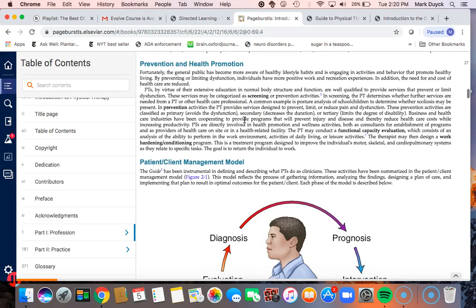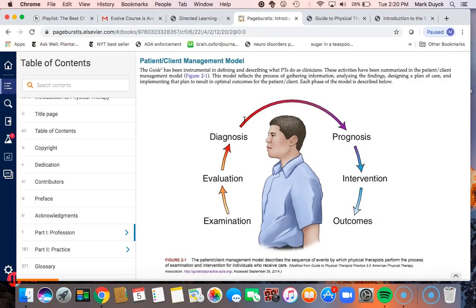The guide looks back at the patient-client management model and the role of the PT as the PT sets up the plan of care. So starting out with the examination of the patient, and then completing the thorough evaluation using tests and measures to come up with a physical therapy diagnosis, to look at the length of the plan of care, how long it is anticipated it will take for the individual to meet the goals set out by the PT.